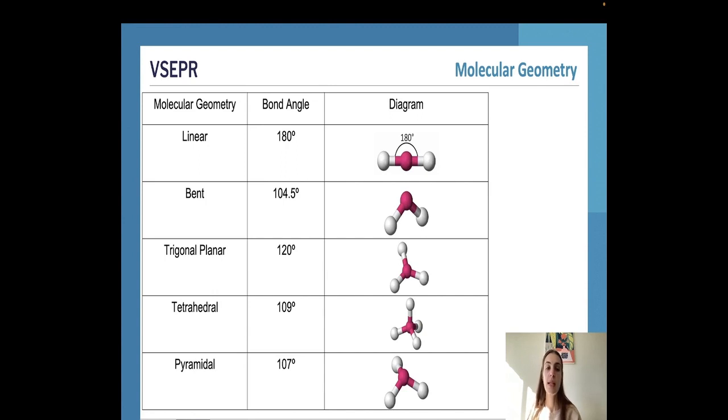This means that all of the atoms stay centrally located around the central atom, and we can see that they all branch off at an equal distance around. This equal distance around means that we don't have to worry about any changes or any repulsion.